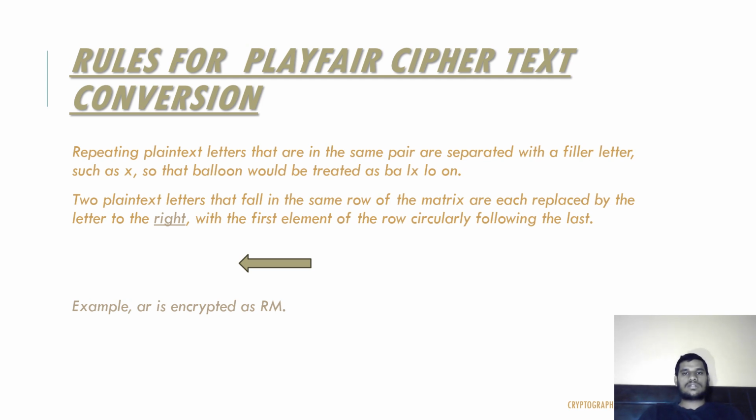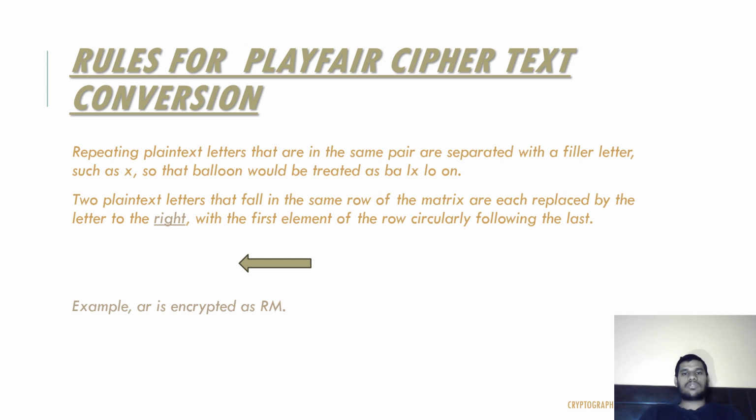Suppose we have two letters which are repeated in a pair, we have to place the first letter with X. Once we pair the first letter with X, then we continue the process to plain text.